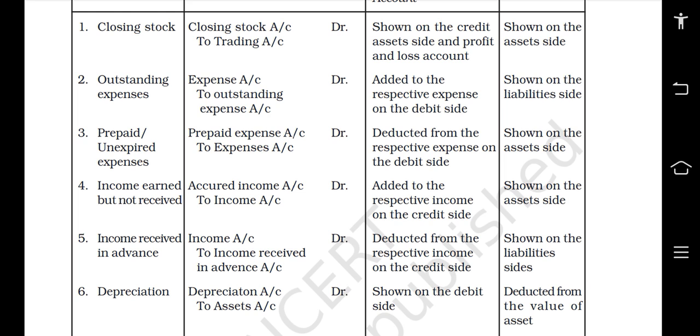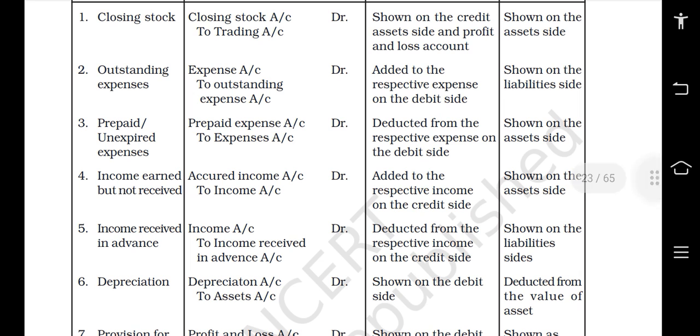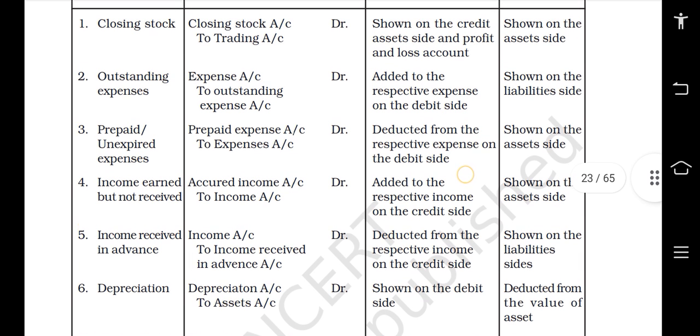Say 31st March is completed, and the next day we have to make the financial statement, and still some amount of salary is remaining to pay. Then that amount we will consider as outstanding salary, and we have to add this outstanding salary to the respective expense, that salary amount.